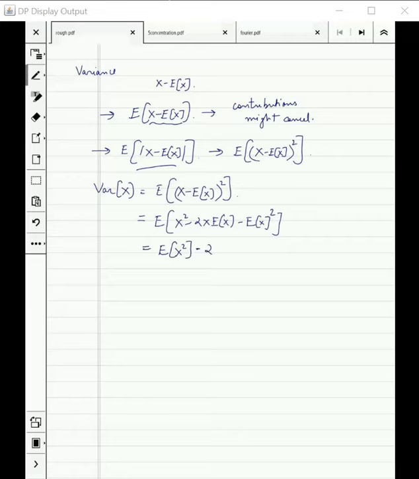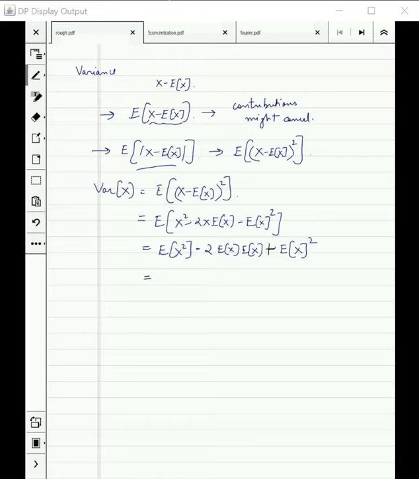Now it's a tricky but actually a trivial question. What is the expected value of X times E[X]? Remember, E[X] is a constant. It is the same throughout my random experiment. So it can be taken out, and then I have another expectation of X. Minus, similarly, (E[X]) whole square is also a constant, so it stays the same under expectation.